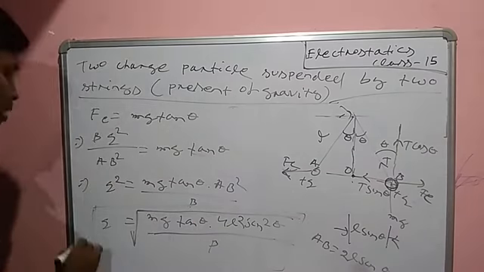The field is in this direction. But this dq charge also has an opposite charge here. Due to this opposite charge, the field is in this direction. But the electric fields are equal, because the charges are equal and the distances are equal. But they cancel each other.